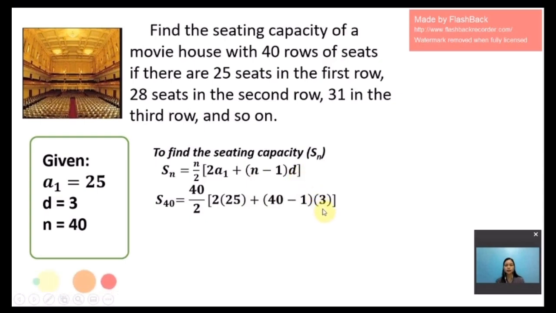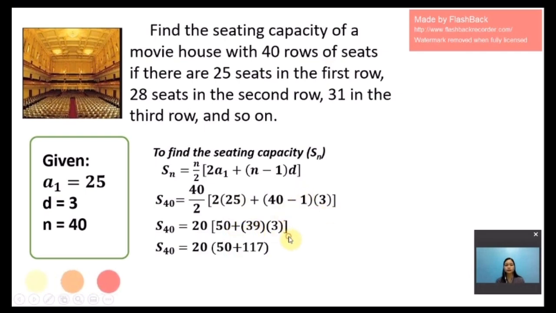And then we have S sub 40 is equal to 40 divided by 2 is 20 times the quantity of 2 times 25 is 50 plus 40 minus 1 is 39 times 3. Simplifying it further, we have 20 times 50 plus 117.